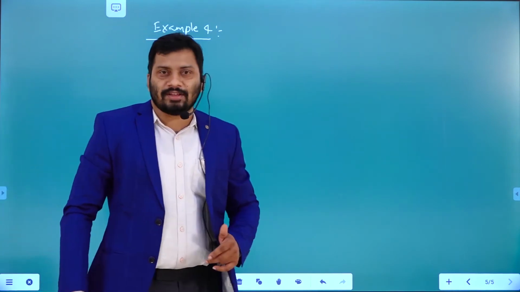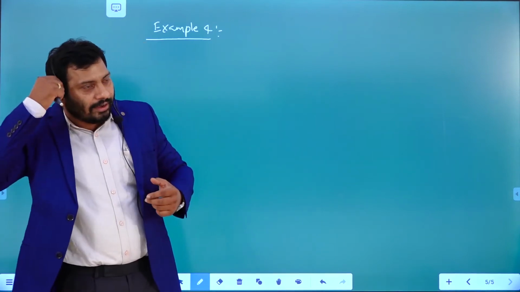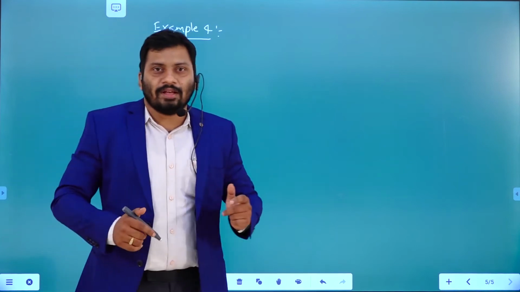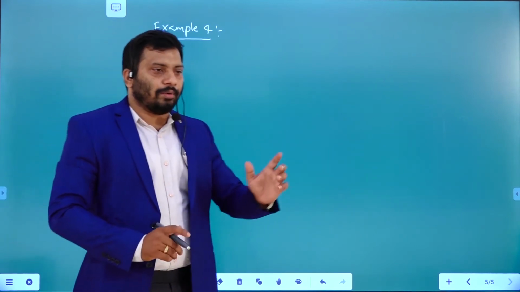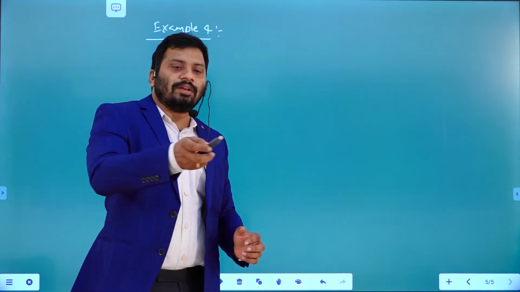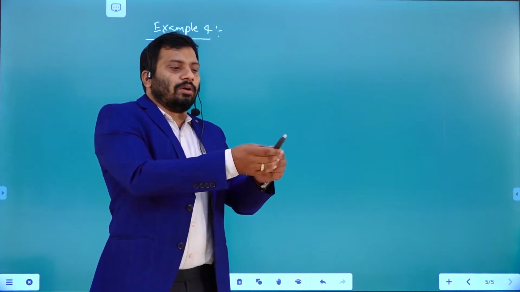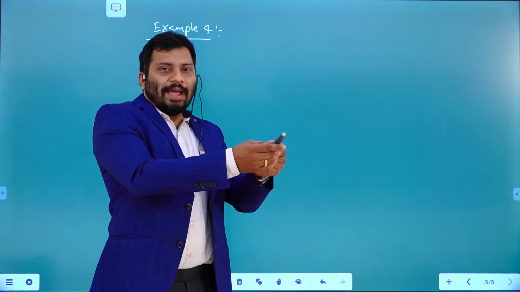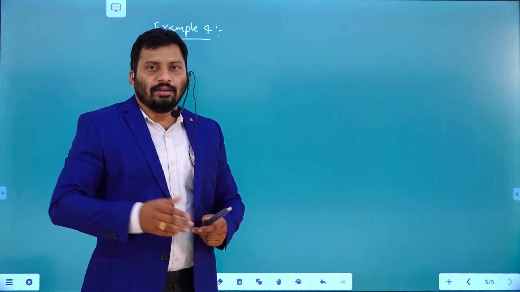In industry applications, for example in the cloth industry or the paper industry, a bundle of cloth is going to be moving like this before being packed.